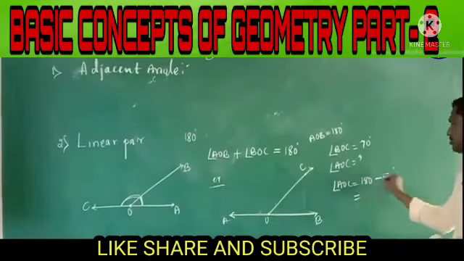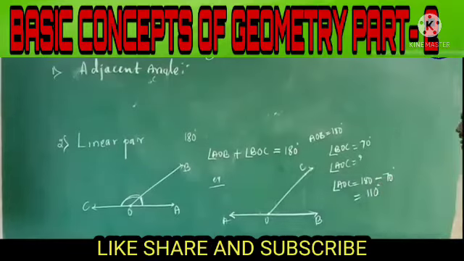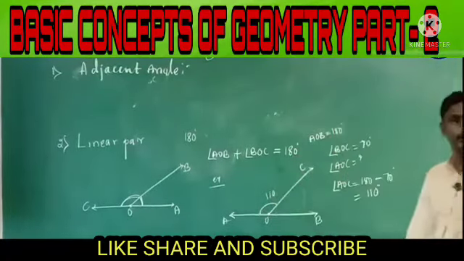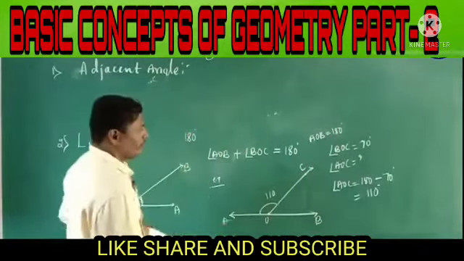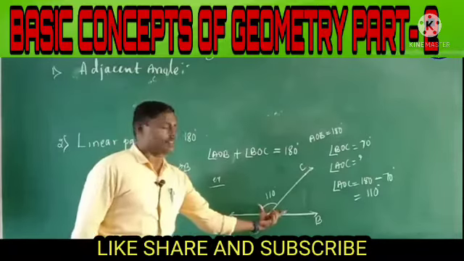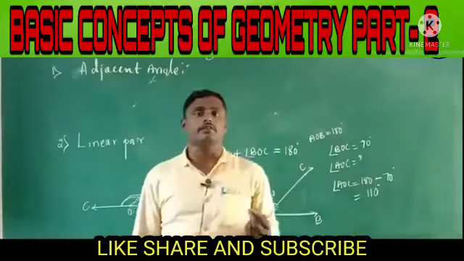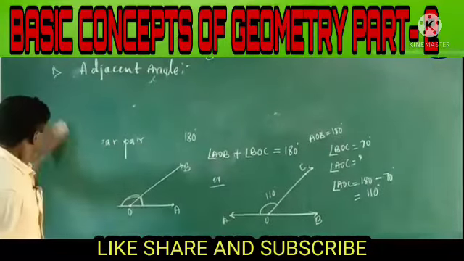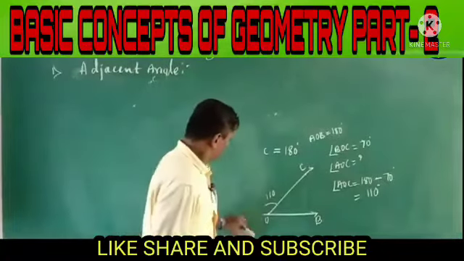So 180 minus 70 is 110 degrees. So angle AOC is 110 degrees, right? Next one, the sum of the two angles in a linear pair, the sum of the two adjacent angles is always equal to 180 degrees only.